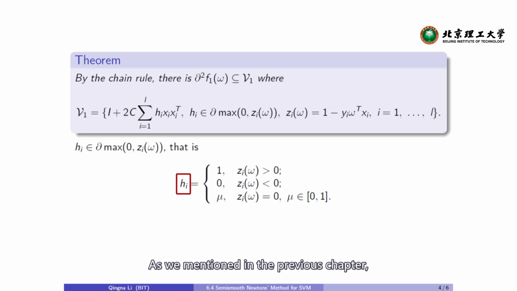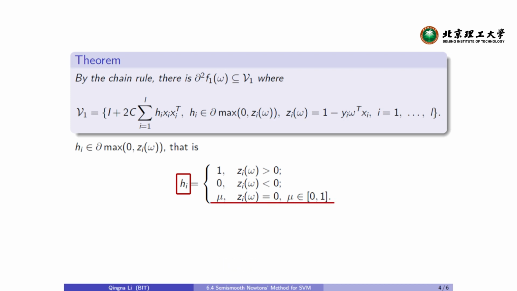As we mentioned in the previous chapter, if this variable zi omega is positive, then h will be 1. If it is negative, h will be 0. If it is 0, then hi lies in the set between 0 and 1. So this is the generalized gradient of max function.